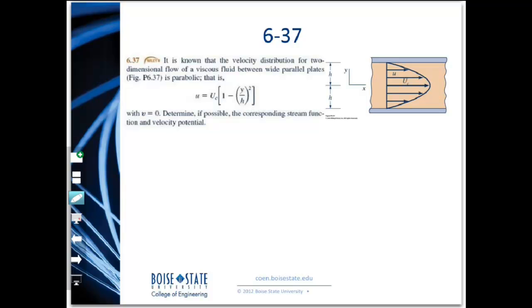Determine if possible the corresponding stream function and velocity potential. So we are asked to find what is the stream function, what is the velocity potential. For that you need to know how they are defined. So first let's go ahead and try to come up with the stream function.